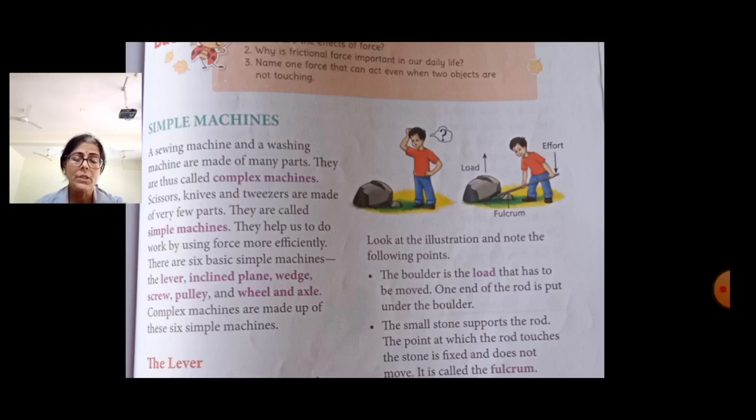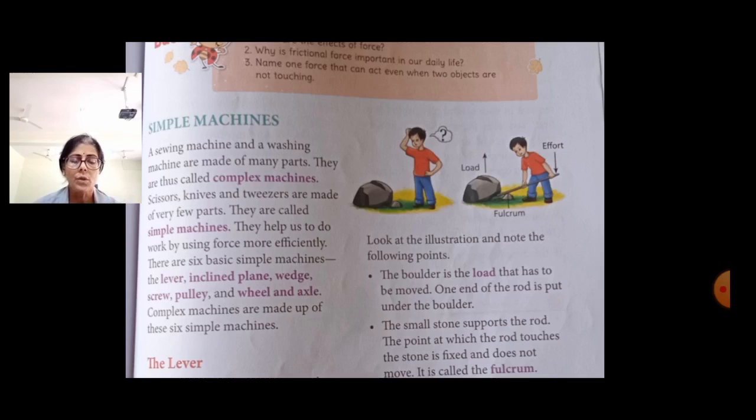See, here in the picture it is shown that the boulder is the load that has to be moved, जिसको हमें move करना है. One end of the rod is put under the boulder, right? उसको रोड के एक पार्ट को बोल्डर के नीचे रखना है.